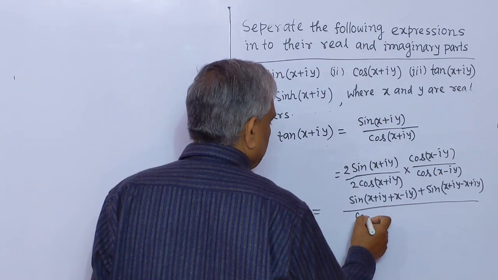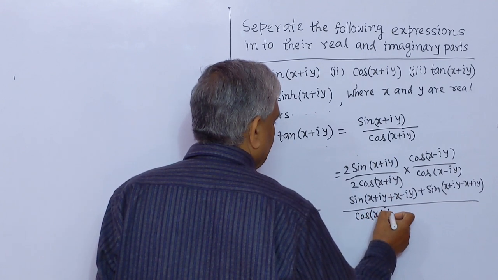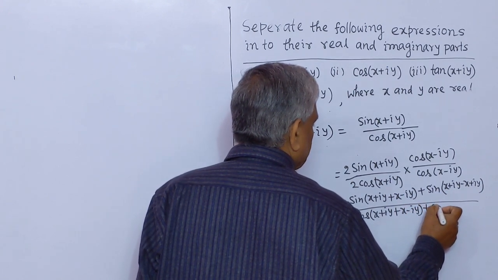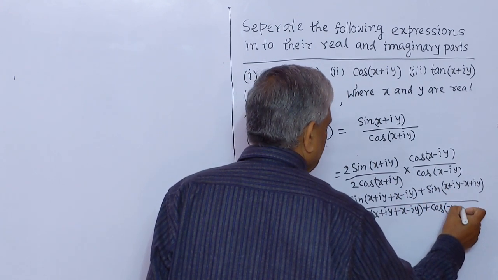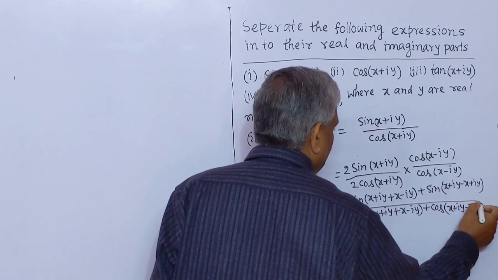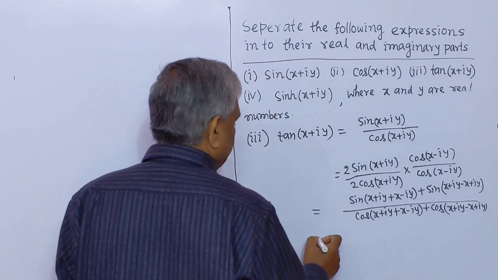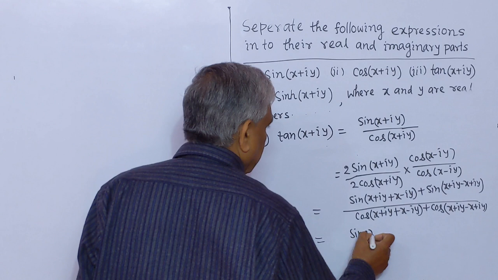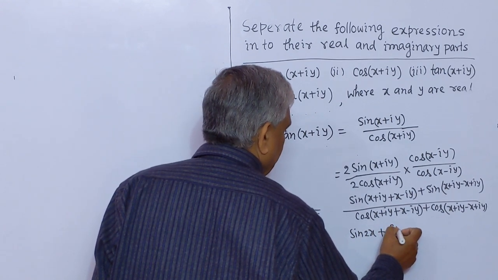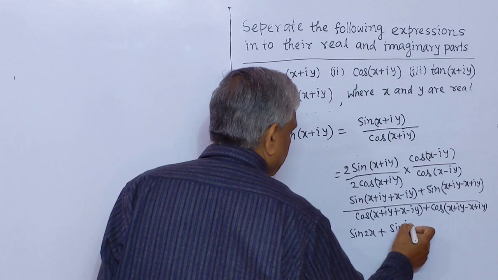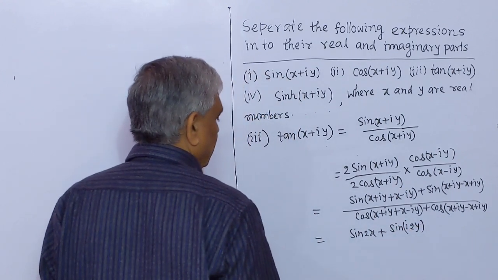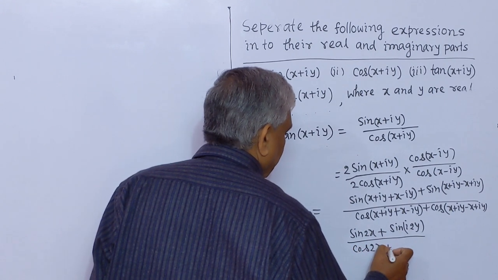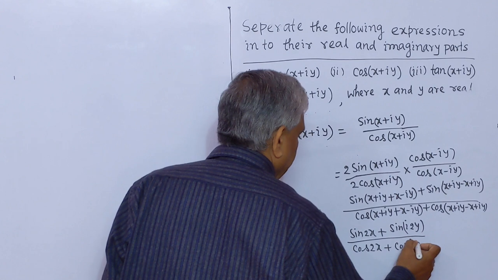This is cos(a + b) + cos(a - b), and this will be equal to sin 2x plus sin i2y by cos 2x plus cos i2y.